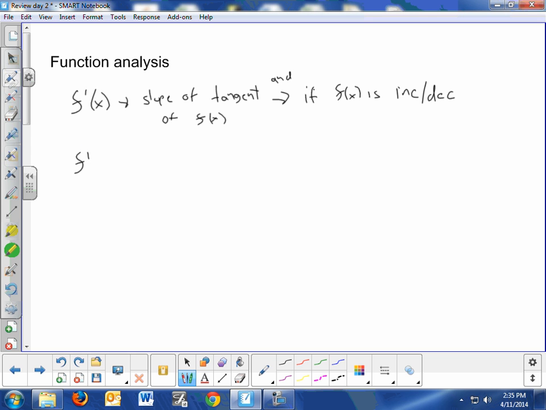If f prime is positive, f is increasing at that point. If f prime is negative, f is decreasing.